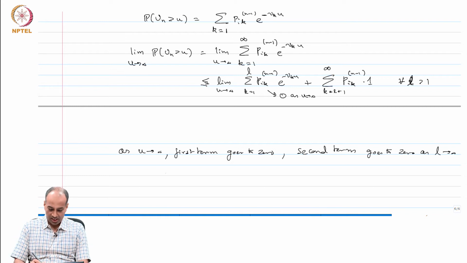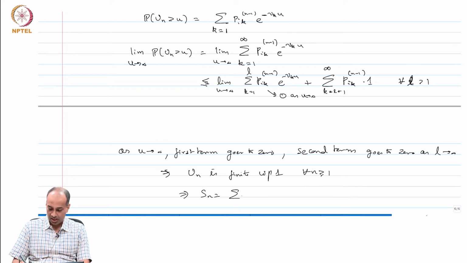So, bottom line is that if you do this carefully, you can conclude that U_n is finite with probability 1, right. That implies, for all n greater than or equal to 1, S_n, which is simply the sum over U_m, is also finite with probability 1 for all n, right.